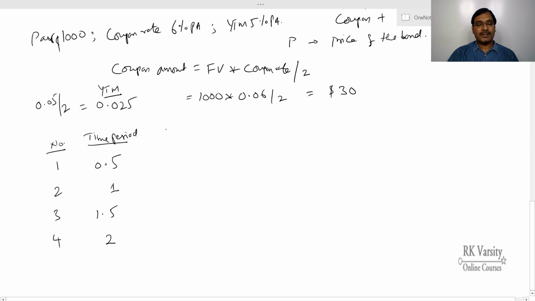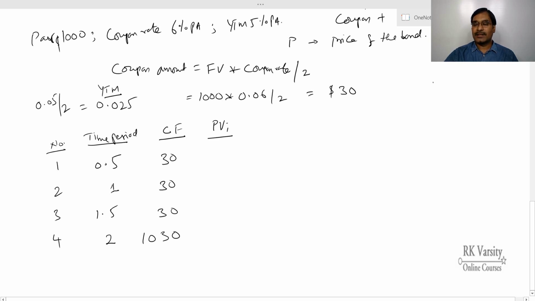In the first time period, the cash flow you receive is $30, and at the end of the second year you will receive the principal amount of 1,000 plus the 30 coupon, so this is $1,030.